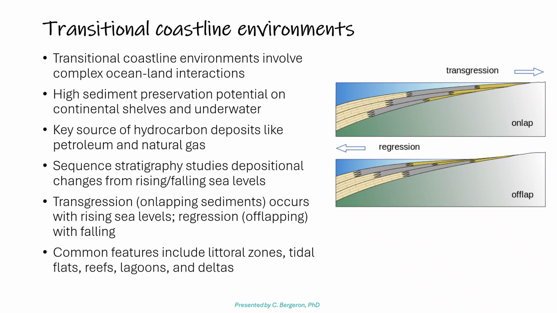And there's actually a subdiscipline of stratigraphy called sequence stratigraphy, which looks at the shoreline depositional environment, and this sequence of deposition and how it changes with rising and falling sea levels.